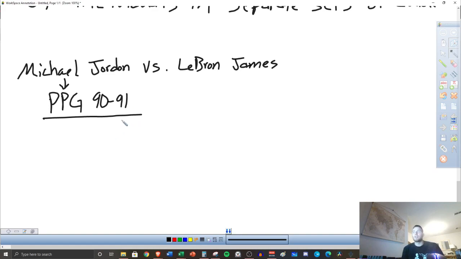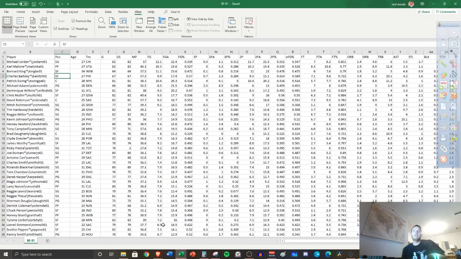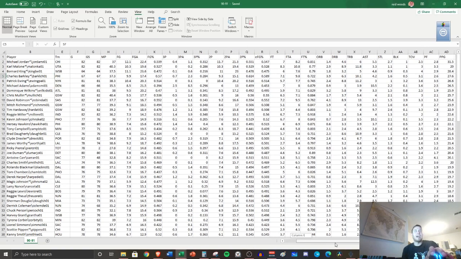Let's talk about Michael Jordan's points per game in 90-91. He had the most points per game for the whole league. Look at this data that I found. Holy cow, huh? Huge spreadsheet of data. And over here in this far right column, he had 31.5 points per game.